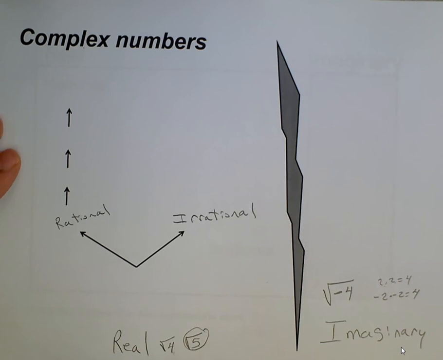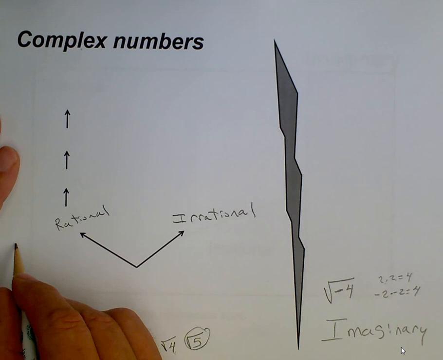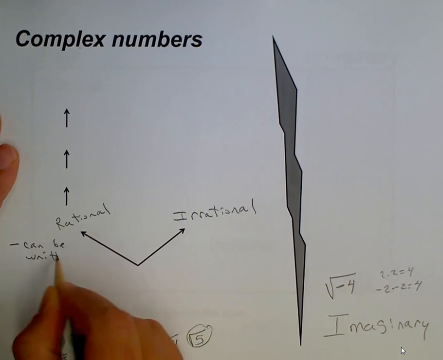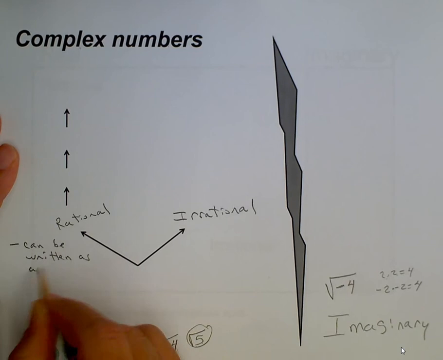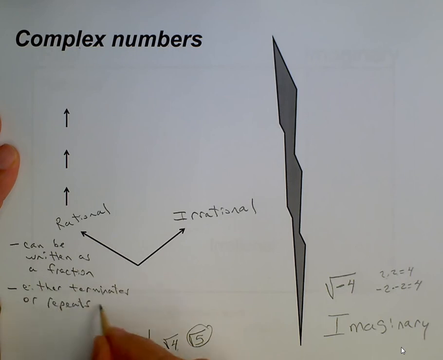So a rational number, there are different ways of describing this, but it can be written as a fraction. Also, it either terminates or repeats as a decimal. So if I write the number as a decimal, it's either going to terminate or repeat.